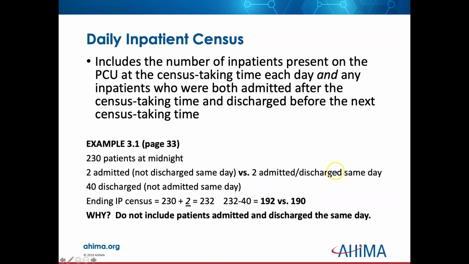If they're admitted and discharged on the same day, you do not count them. If they are admitted but not discharged on the same day, you do. And the same thing here. We could not count these 40 to subtract them out if they were admitted and discharged on the same day. They have to be discharged but not admitted that same day. I hope that makes sense.